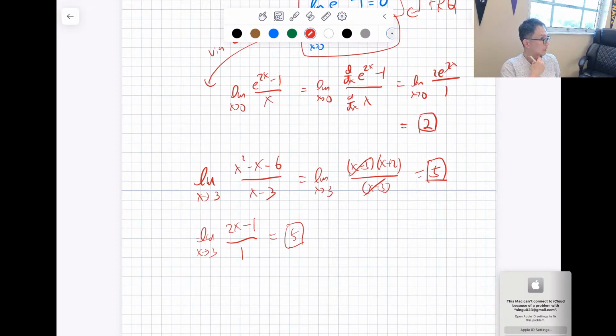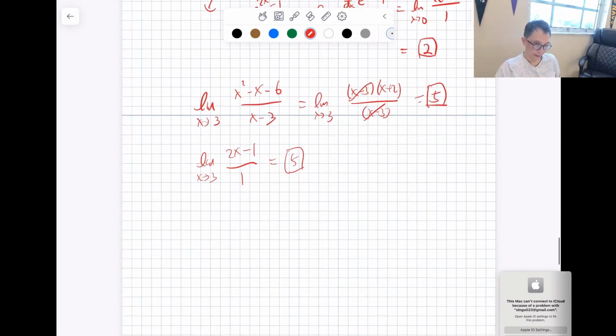Is that okay? Is that okay? So this is actually a very easy rule, right?